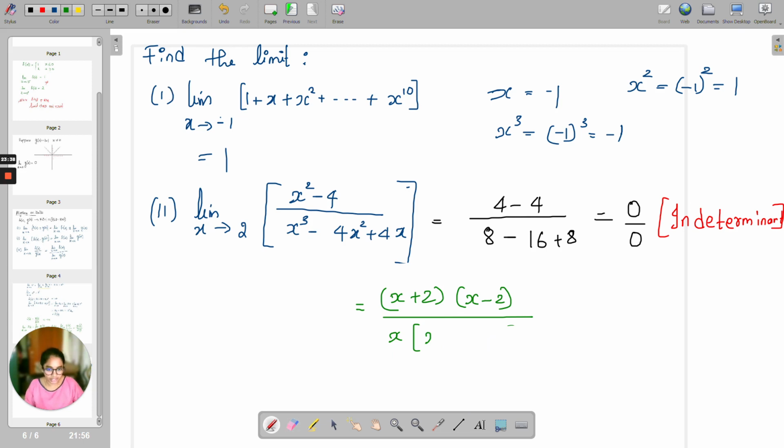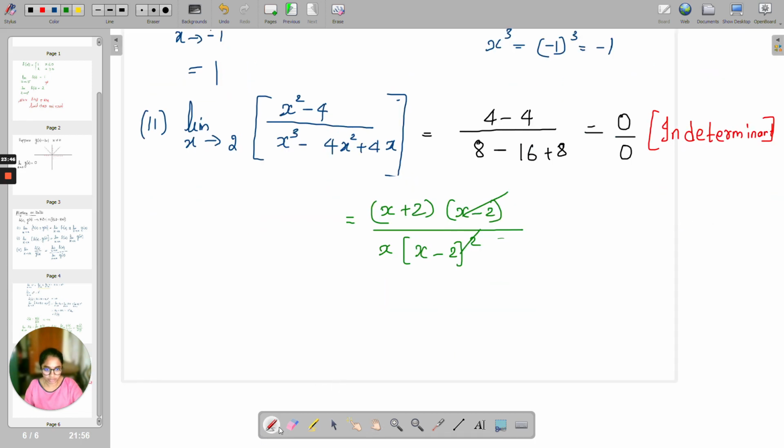Yes, I'll write it as x minus 2 the whole square. So one of these terms gets cancelled, right? What happens if I substitute the value of x as 2 now? I'm substituting limit x tends to 2 here.